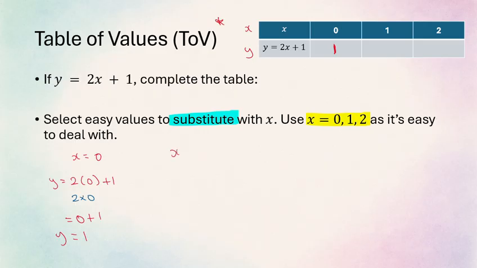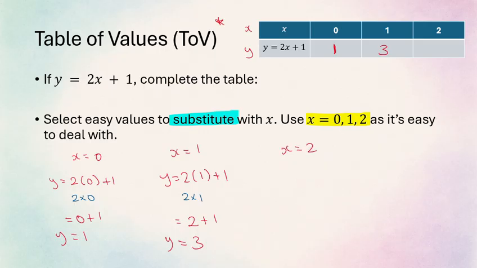And I'm going to do the same for x equal to 1. y equals 2, bracket 1, close brackets, plus 1. This is just 2 times 1, so this equals 2 plus 1, which equals 3. That means whenever x equals 1, y equals 3.